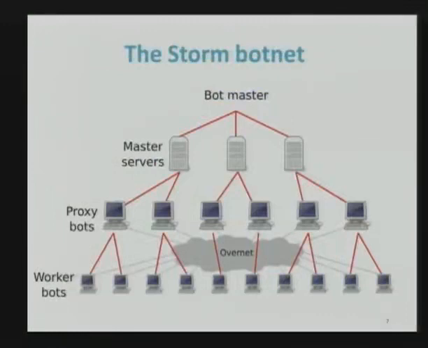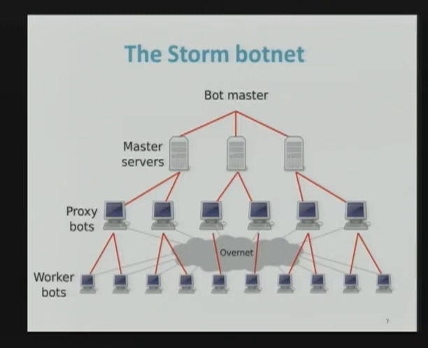So the architecture of the Storm botnet looked basically like this, where you have a set number of what we called master servers, which are just servers out there on the internet that are in charge of sending commands down to the individual infected machines that are sending the spam messages. But where a traditional botnet will only have 1 tier of infected machines, this one was actually using 2 tiers of infected machines, where certain bots, these worker bots, are the ones that do the traditional botnet style work, where they're sending spam, they're collecting email addresses from address books, they are sometimes even sending distributed denial of service attacks.